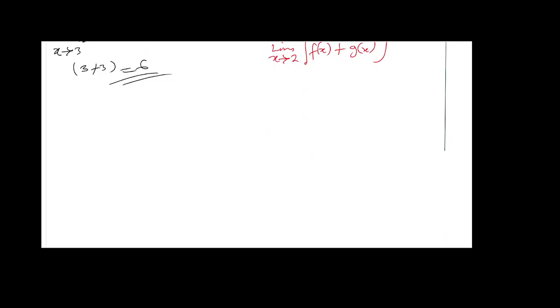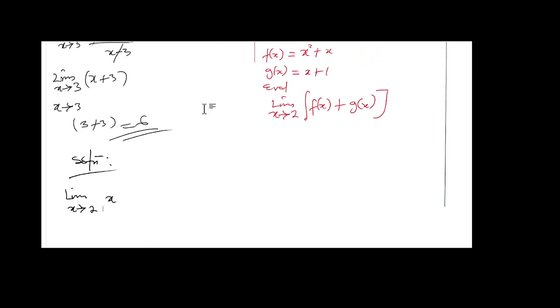In solving this, it's just the sum of functions. We are going to have the limit as x approaches 2 of x squared plus x, which is f of x, plus g of x, x plus 1.